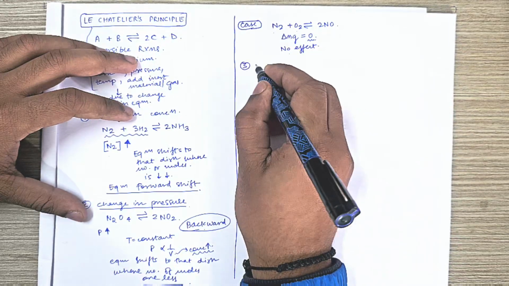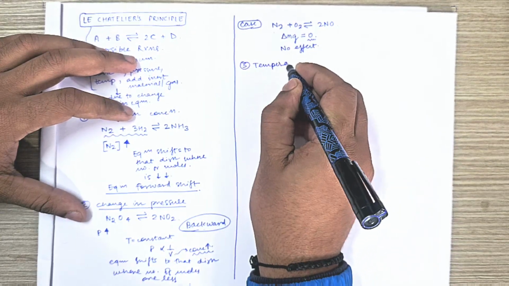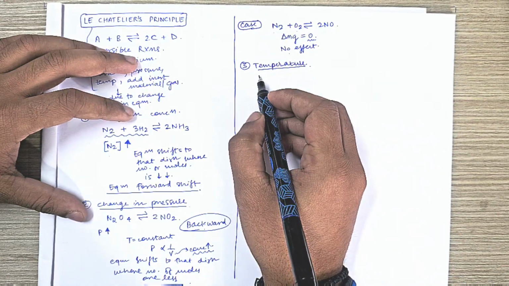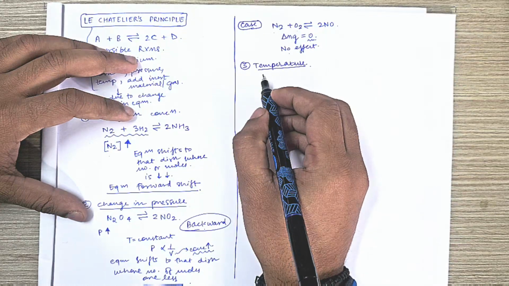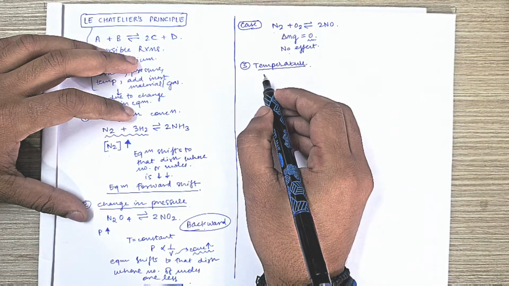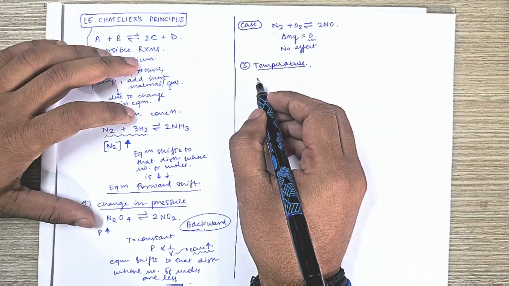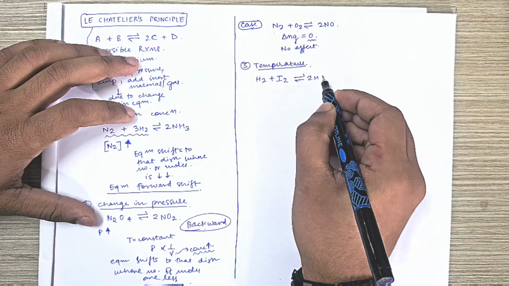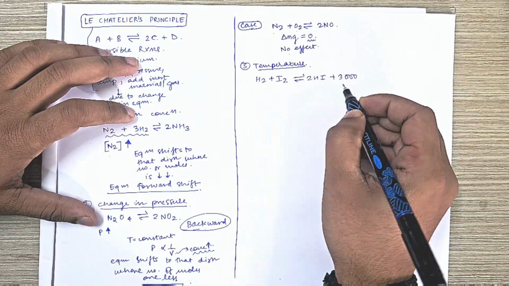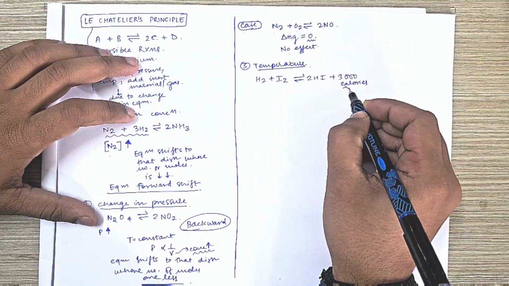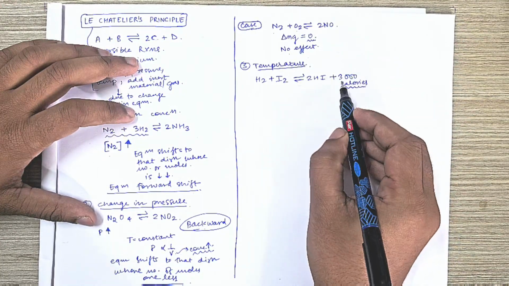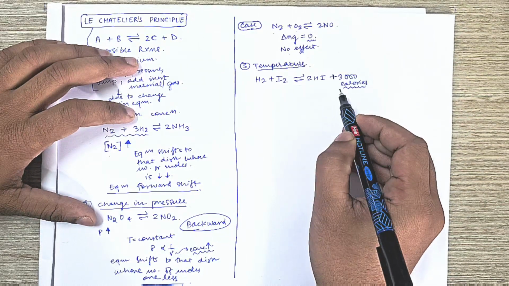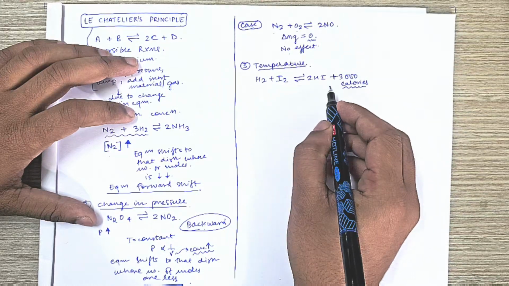Next is change in temperature. When you increase the temperature, the equilibrium shifts in that direction where the energy is absorbed, basically. Here I'm taking an example, H2 plus I2, so you can understand it clearly. It gives 2HI plus 3000 calories. This 3000 calories denotes that heat is evolved, so the temperature of the reaction is increased overall.